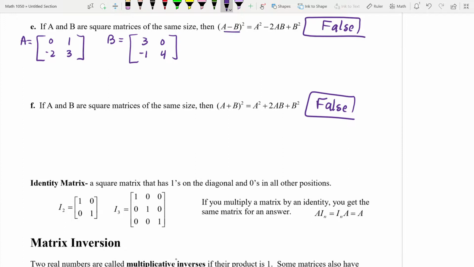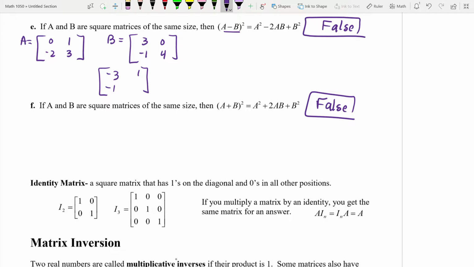If I subtract them, I would get this. 0 minus 3 is a negative 3. 1 minus 0 is a 1. Negative 2 minus a negative 1, that is a negative 2 plus 1, which is a negative 1. 3, oh, I'm supposed to be subtracting. 3 minus 4, negative 1. So that's that solution right there.